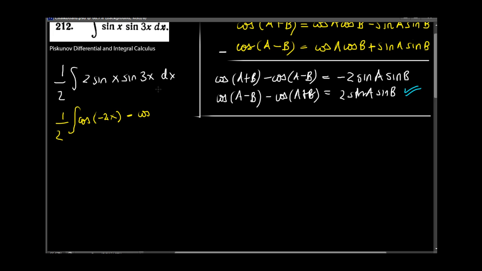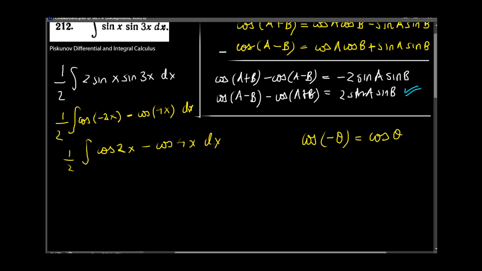A plus b is x plus 3x, which is 4x, dx. So this is 1/2 times the integral of, now cosine of negative 2x, actually cosine of negative theta is nothing but the cosine of theta. So this becomes the cosine of 2x without a negative sign minus cosine of 4x dx.